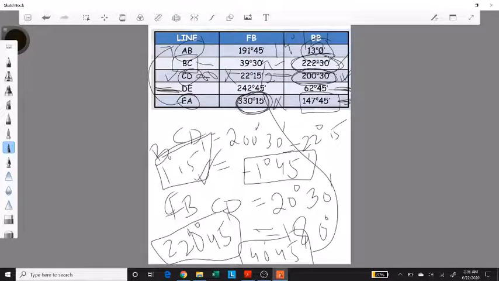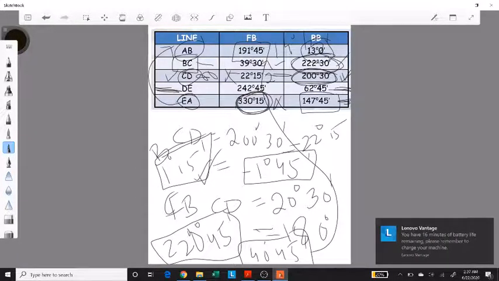So now that I have the correct back bearing, I can find out the correct forward bearing by adding 180 degrees to 14 degrees 15 minutes, and the correct forward bearing now becomes 194 degrees 15 minutes. And now since I have the correct forward bearing that should be there, I can find out the correction at the point A.